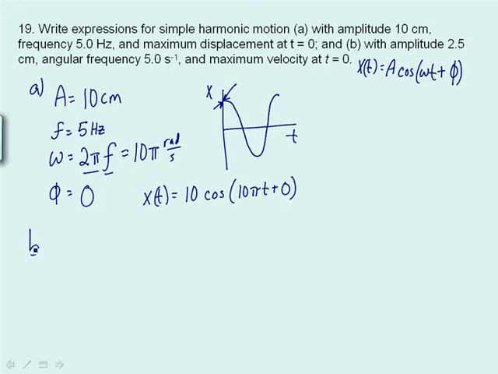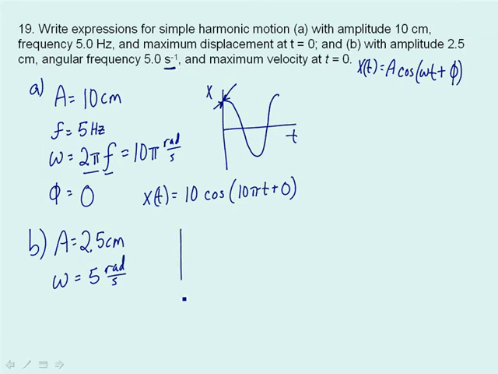So that's part A. Now in part B, the amplitude is 2.5 centimeters. The angular frequency is 5 radians per second. So omega is 5. I'm going to write it as radians per second, but they just write it as 1 over seconds. It's the same, because radians isn't really a unit. And the maximum velocity is at t equals 0.